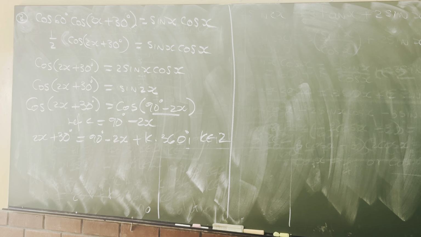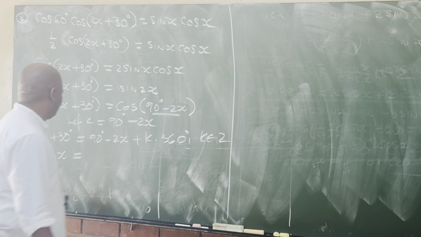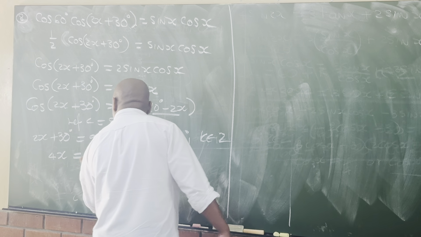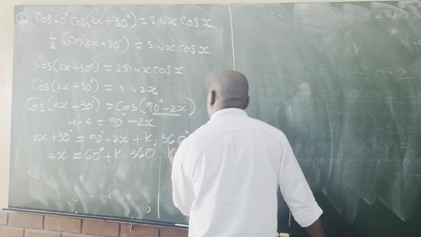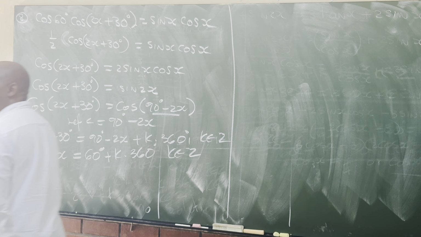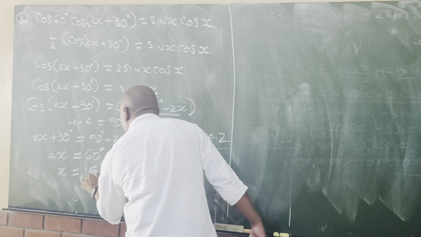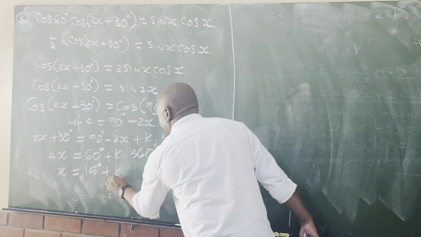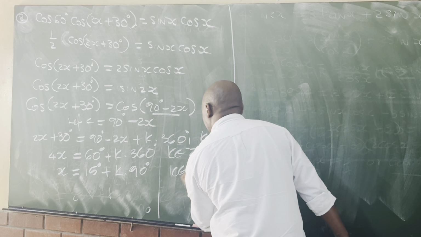And then in our left hand side we'll have 4x. We'll have 4x equals to 60 plus k times 360, where k is an element of integers. And then from here, divide by 4. So this is x equals to 15 plus k times 90, where k is an element of integers.